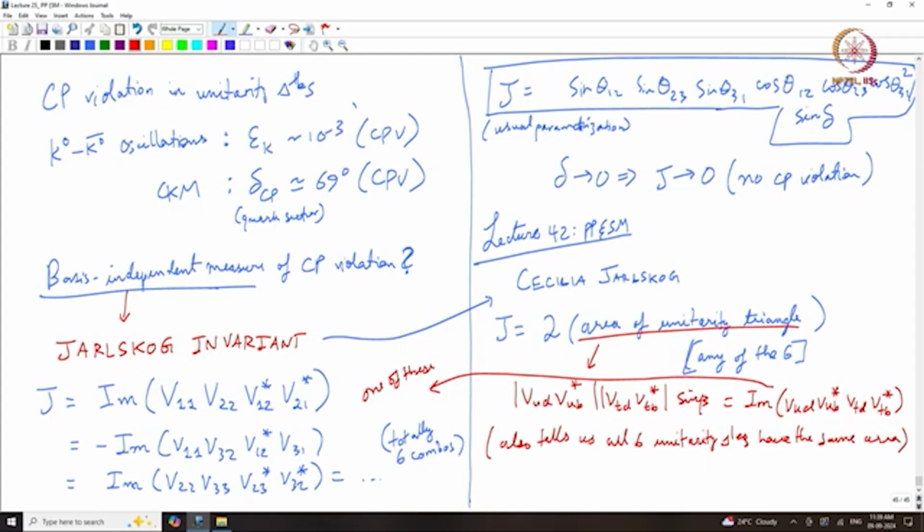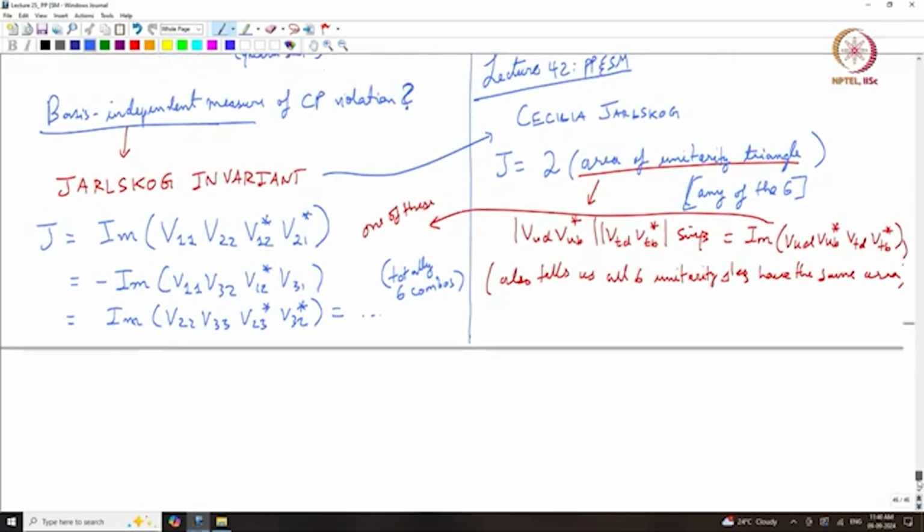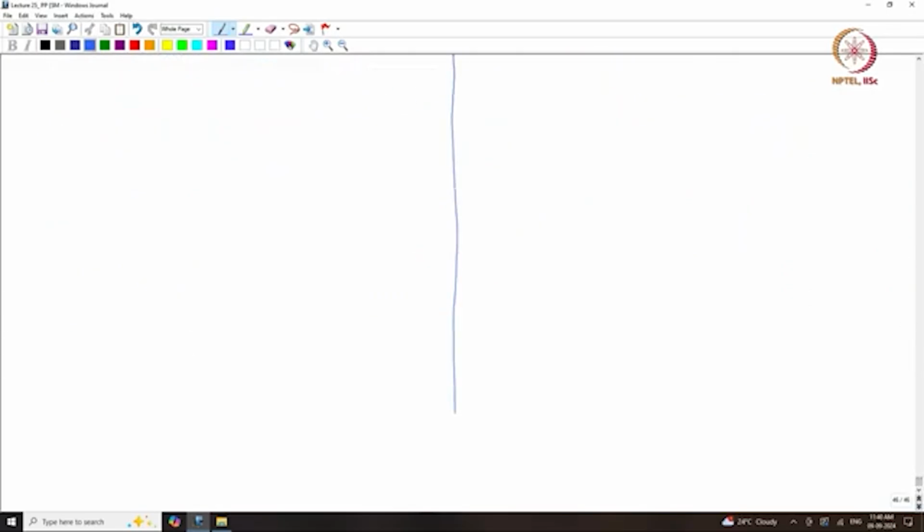You can check this in Cecilia Jarlskog's paper, you can check this yourself also, and I highly recommend doing this calculation yourself. But I am going to do it for you now, so that you can check against your own calculation. So, let me derive that for you. Unitarity gives me conditions like these.